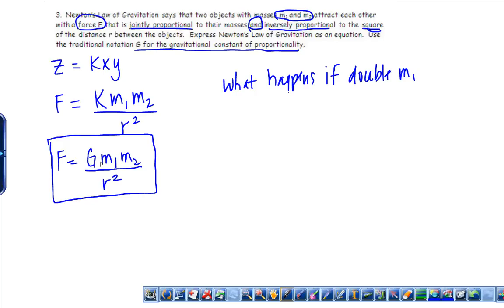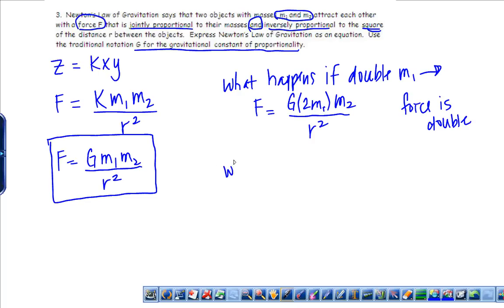So basically, what happens to your force? And if you're not sure, you can plug this in. So here's your force. Here's your G, and you could double one of your masses, or mass sub 1. You've got your mass sub 2, and you divide it by your R squared. What would happen to that force? Well, I would hope that you know this. That means that your force is going to double.